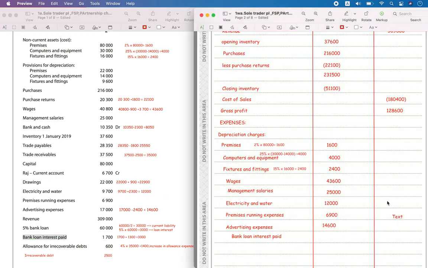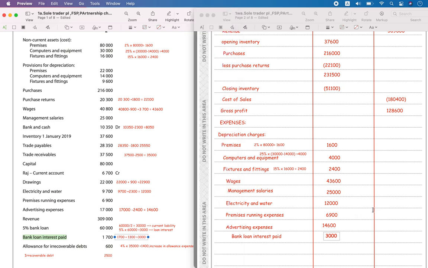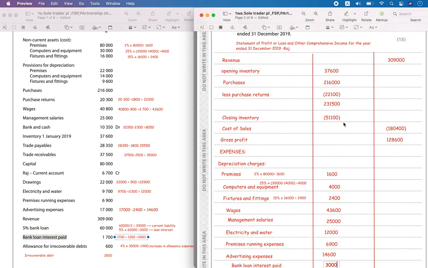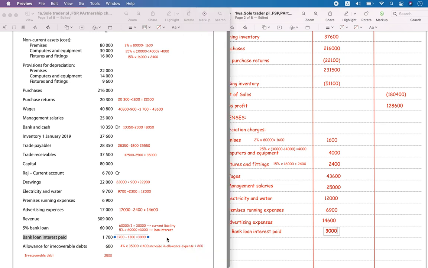So we have already calculated that. Bank loan interest is around 3,000. Then you have the allowance for irrecoverable debts.